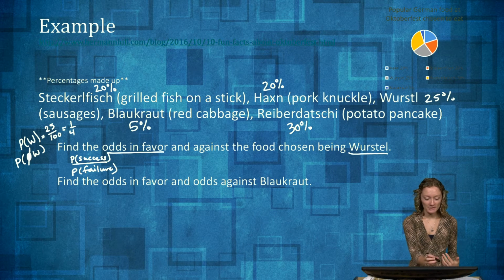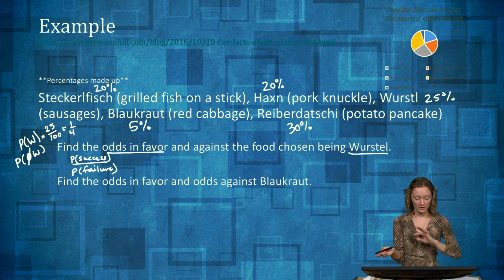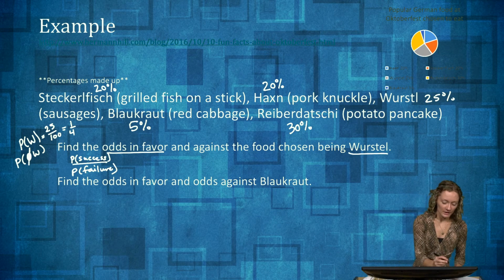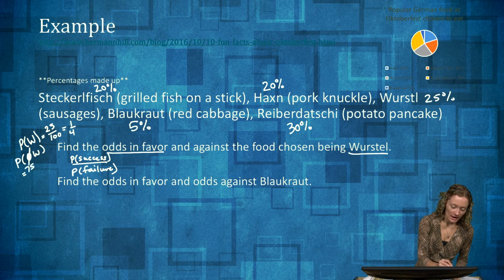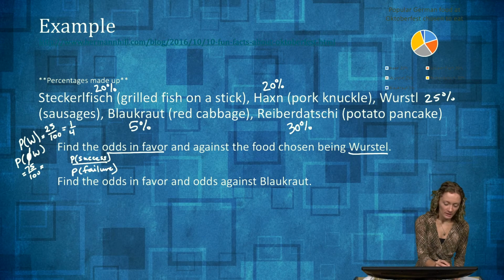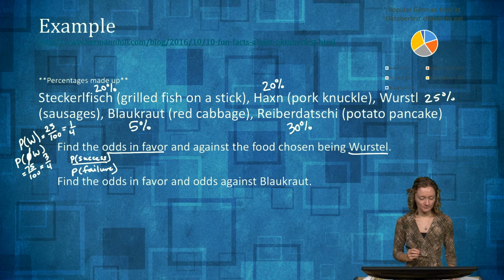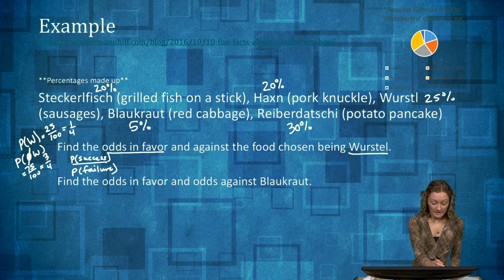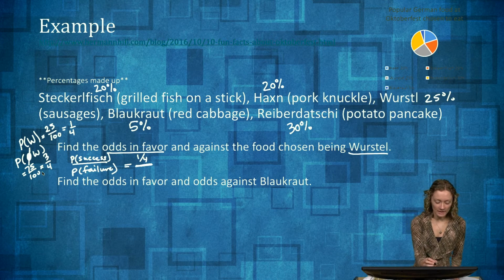You could add up the other percentages, or we know if it's out of 100, then it's the rest, 75 out of 100, or alternatively, you can use the 1/4 to get the matching fraction of 3/4. So the probability that Wurstel is chosen, the success, is 1 over 4, and the probability of failure, that it's not chosen, is 3 over 4.